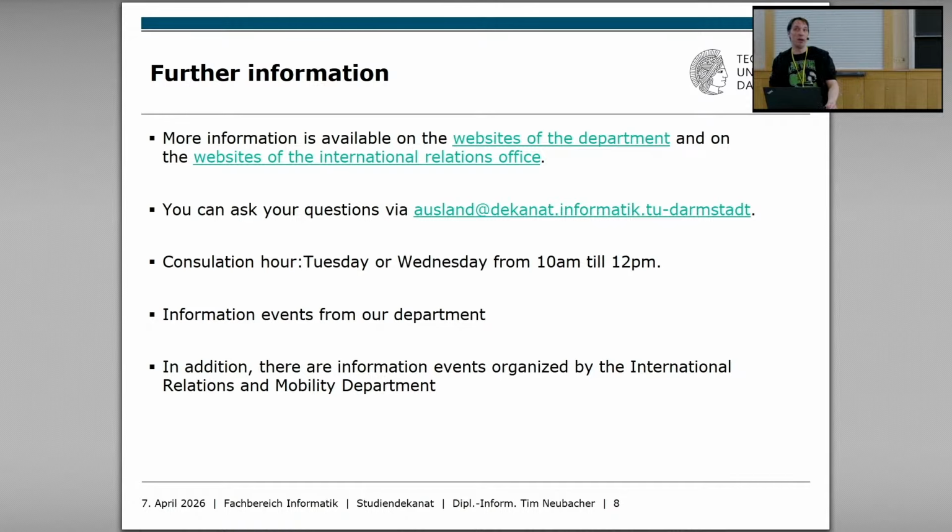We do have information events in the summer, mainly because the main application period is November. In the summer, there are information events offered by our department and by the International Relations Office for specific types of mobility programs, specific countries or regions. And they also have consultation hours, one via Zoom and one in presence, I think, at the moment.